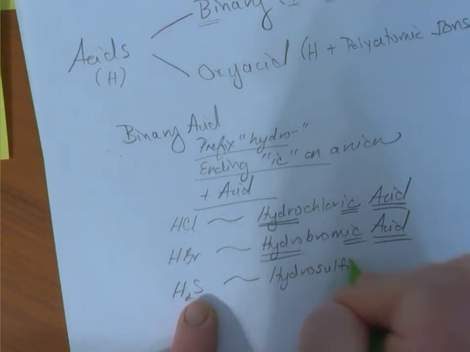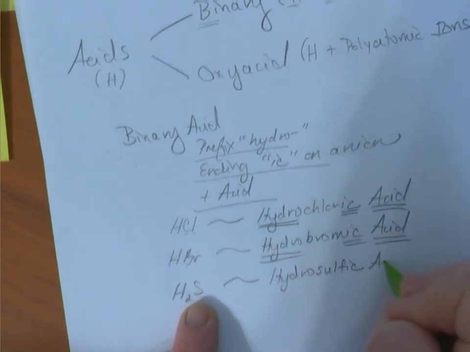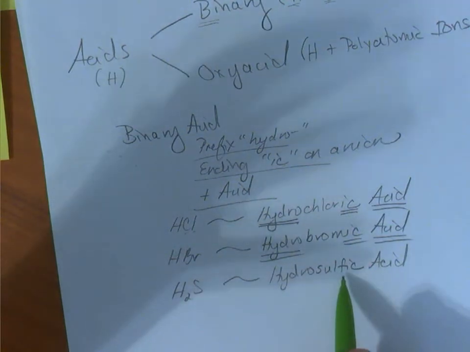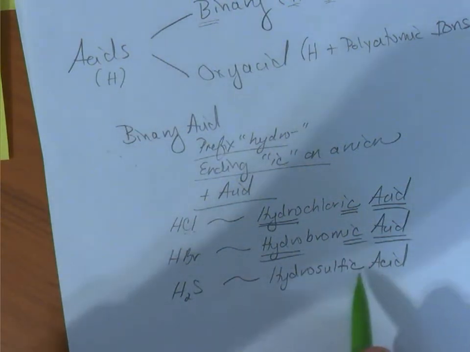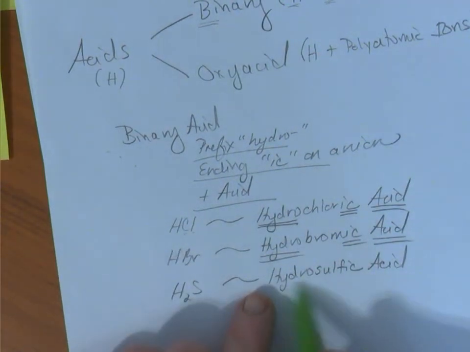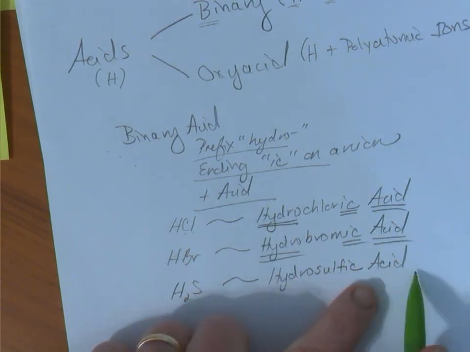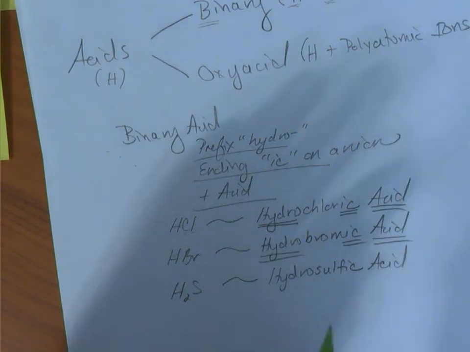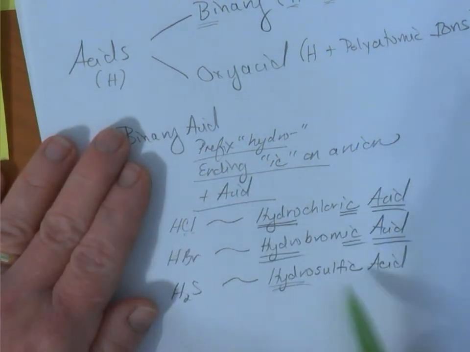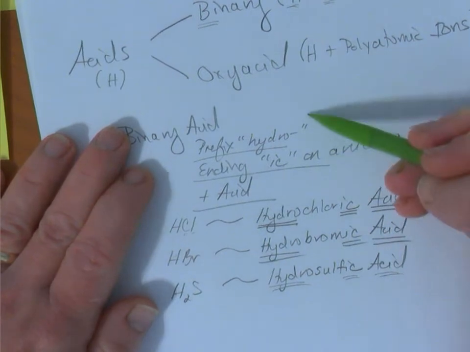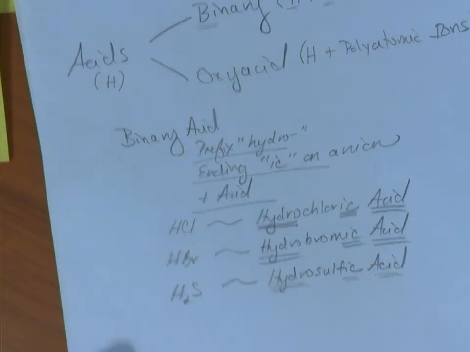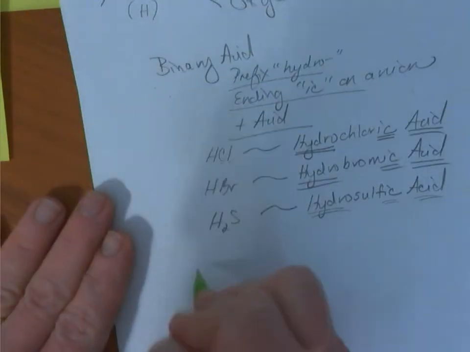Hydrosulfic acid. Now, commonly, we may want to call this sulfuric acid. Now, we need the prefix of hydro, so you may call this hydrosulfuric acid. That's okay. That actually has evolved commonly. But constructing the name like this is truly honoring the steps that we follow. All right, so those are some binary acids.